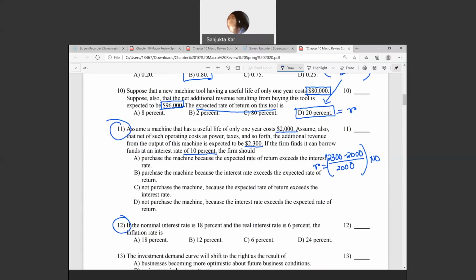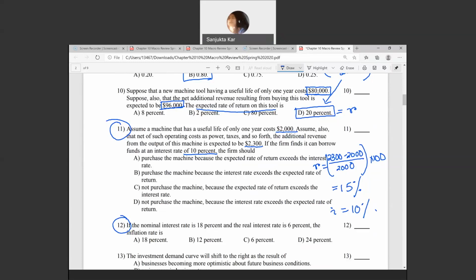That will be 2300 minus 2000. From that, I'm going to divide the whole thing by 2000, the whole thing in bracket times 100. So the expected rate of return in doing this calculation is going to be equal to 15%. And the interest rate is equal to 10%.